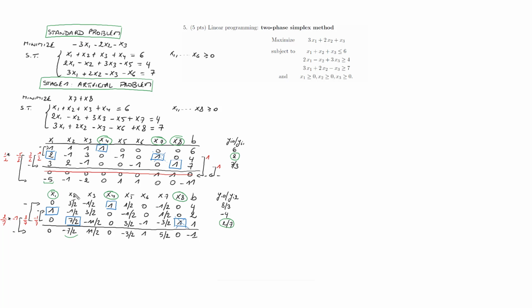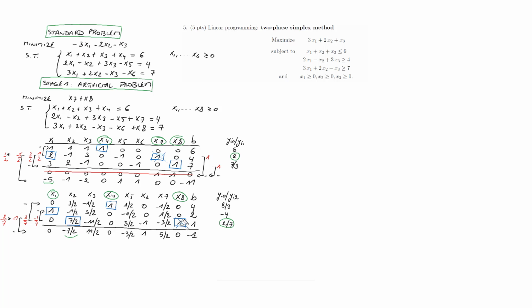The second column here corresponds to the variable that is going to join, right? 4 divided by 3 over 2, 8/3, 2 divided by minus 1 over 2, minus 4, and 1 divided by 7 over 2, 2/7. So you have to take the element that is positive and smallest, right? So this corresponds to this element here. We know now that the new pivot will be this one here.